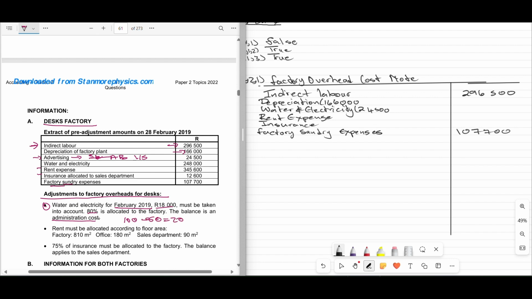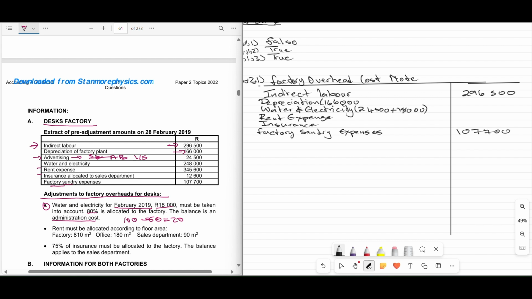So 20% goes to admin, when we are preparing the abridged income statement. So there was an outstanding 18,000, which was supposed to be paid at the year end, 28 February 2019. So we must add it, plus 18,000.